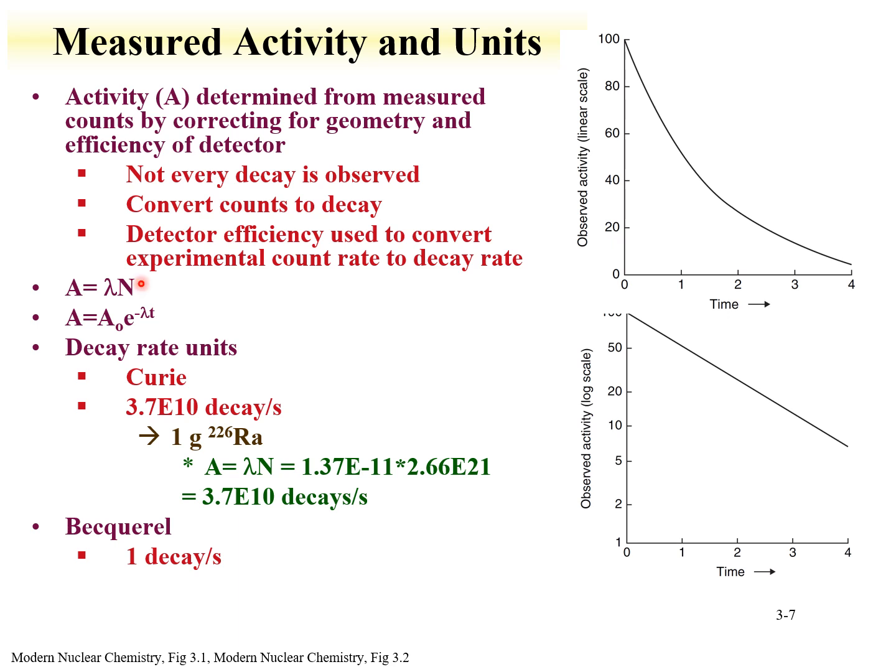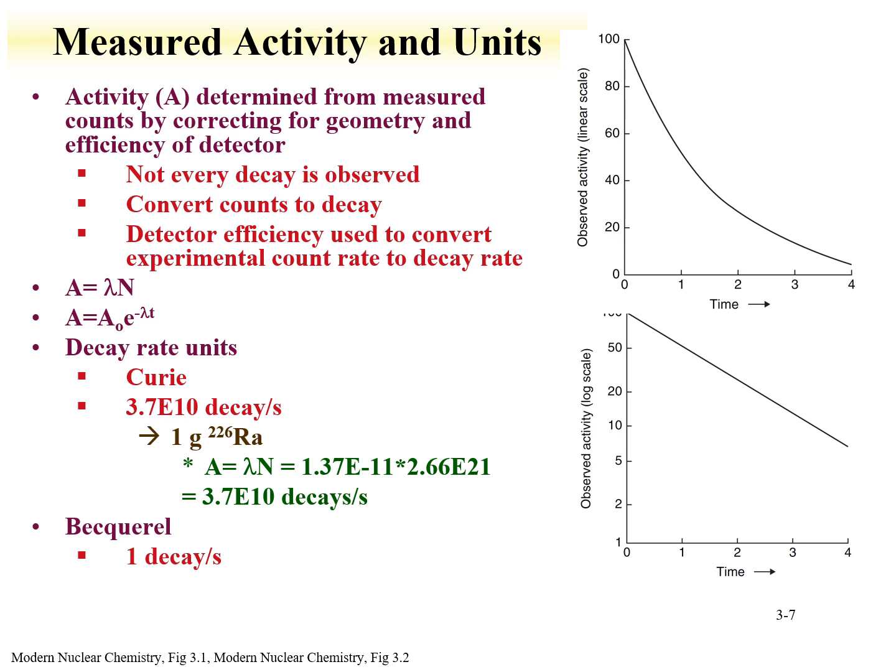Activity equals lambda N. Activity initial times e to the minus lambda t is equal to activity at a given time. So we have these relationships. And what we really need when we talk about the relationship between counts and activity is the detector efficiency.